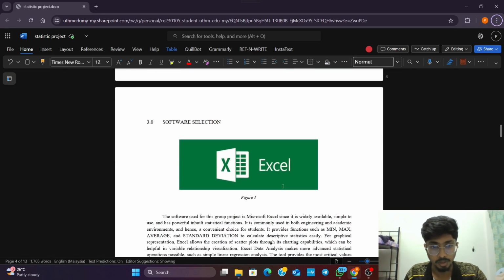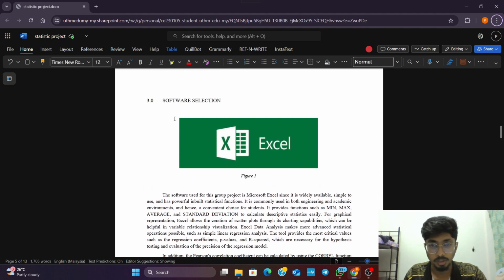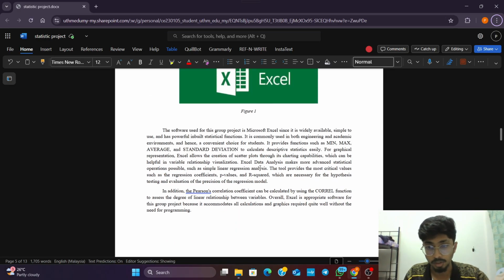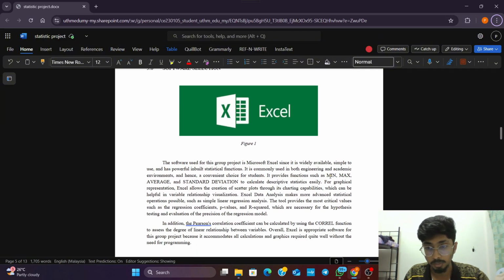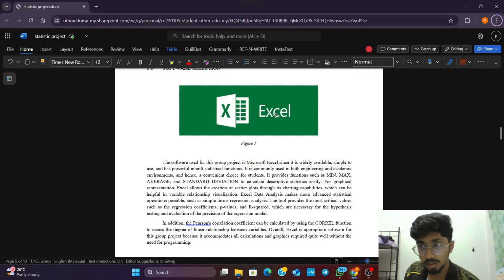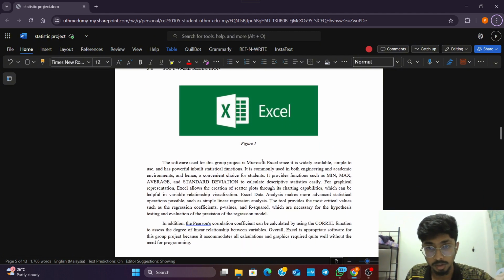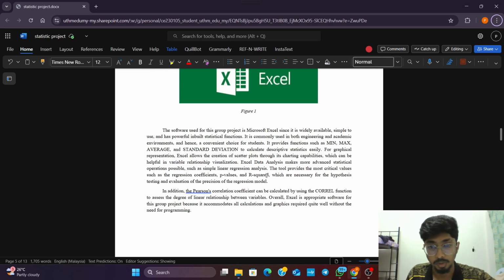The next part is software selection. For our project, we have selected Excel as our main software tool to calculate all the values for our upcoming presentation. We calculated the minimum value, maximum value, average, and standard deviation using only Excel. Excel is not an easy tool to use, but if we understand it very well, we can use it very wisely, just like we did for our statistics project.